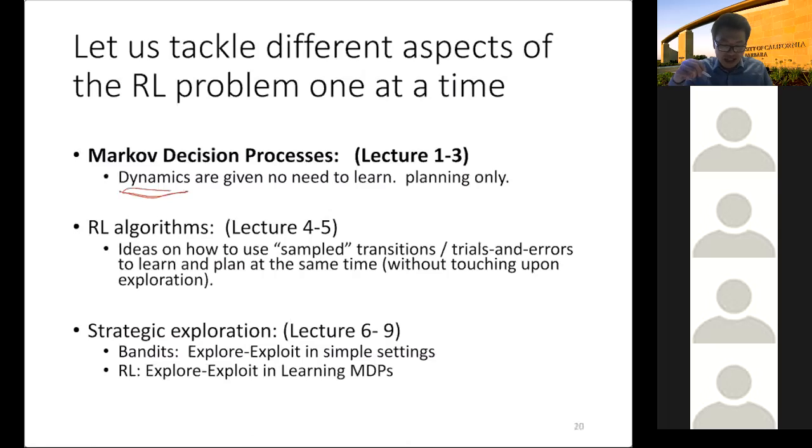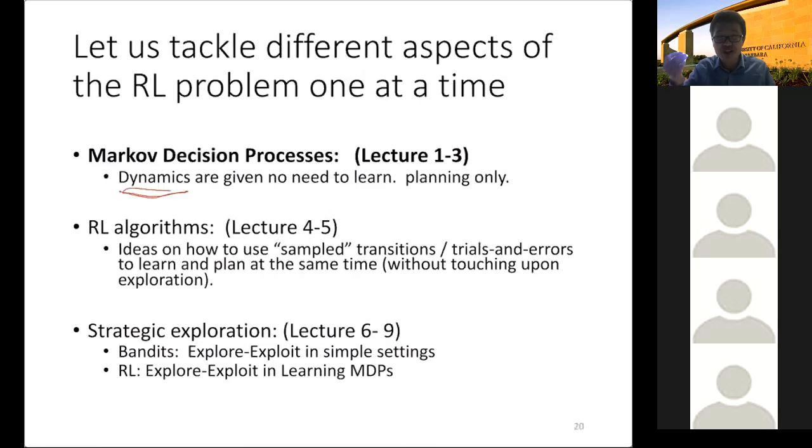And then after that, we'll move on to reinforcement learning, but instead of jumping right into the full-fledged reinforcement learning algorithm, we'll study something that's in between MDP and full RL, right? So in this case, we can sample transitions arbitrarily.